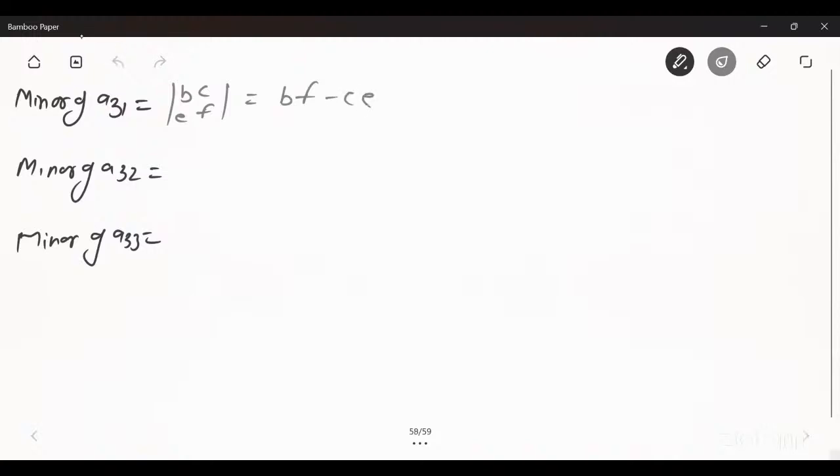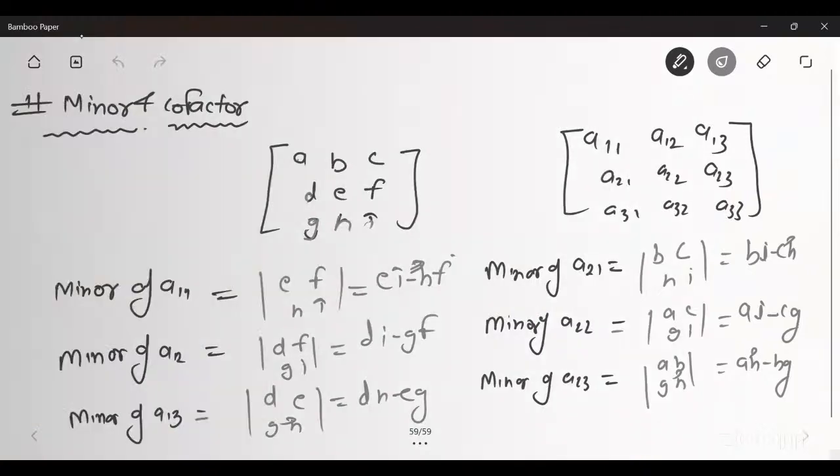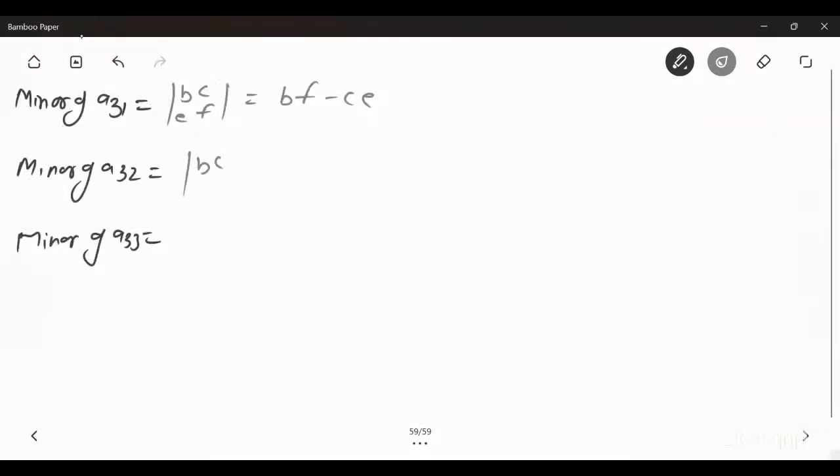Now A32 means you have to skip the third row and second column. So you will get A, C, D, F, which gives AF minus DC.